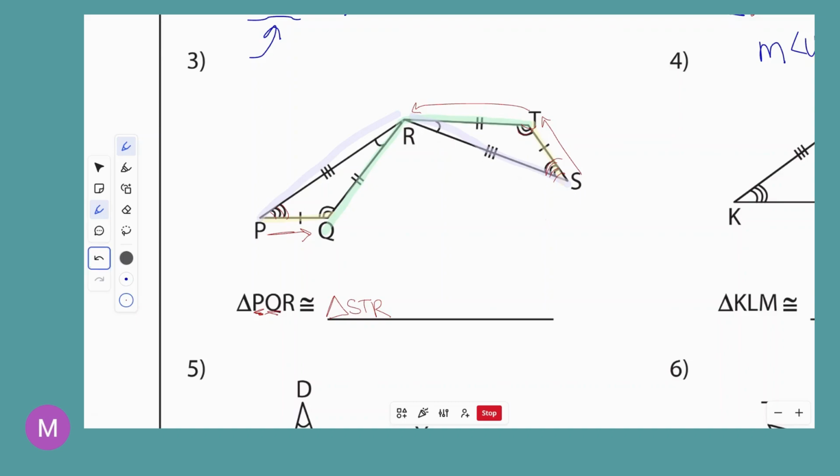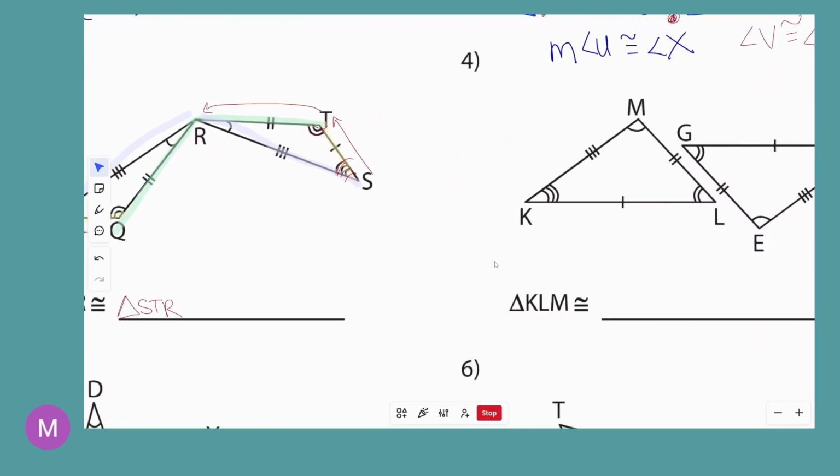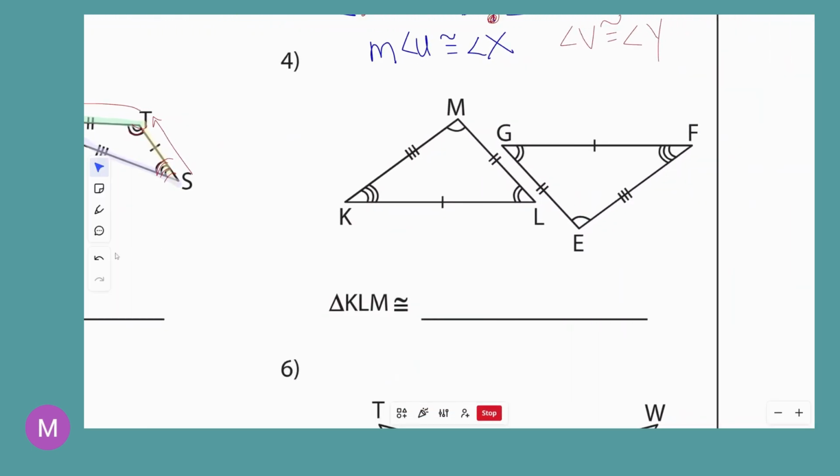All right, and we go to number 4. And I'm going to start again with highlighting. The 1 to the 1, the 2 with its corresponding side over here with 2, and 3 with its corresponding side of the 3 hash marks there. We're looking at KL, and KL is the 3 angle hash marks to the 2 angle hash marks.